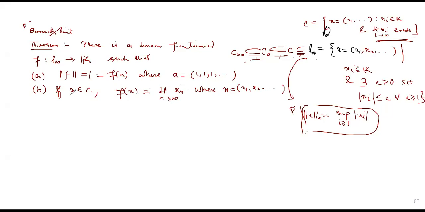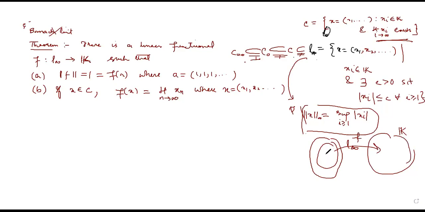So for this subspace, क्योंकि I'm saying this is a bounded linear functional on L infinity, लेकिन C पे इसका action simple है. यानी जो K पे जा रहा है L infinity का map f, ये जो subspace है C, इस पे इसका action simple है. मतलब you can find a functional on the whole space such that when restricted to the subspace, it is just the limit of the sequence.